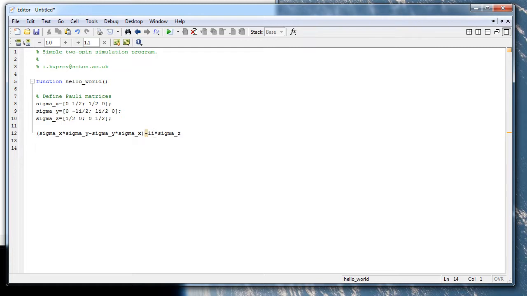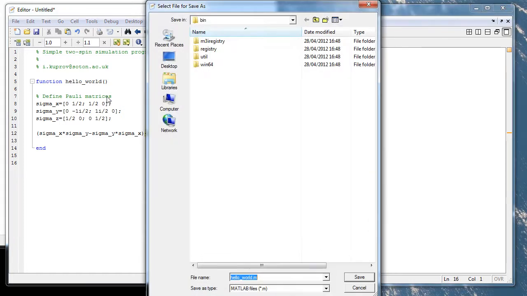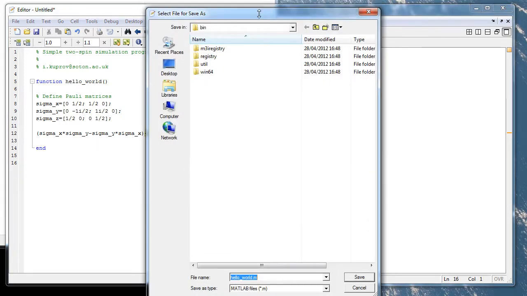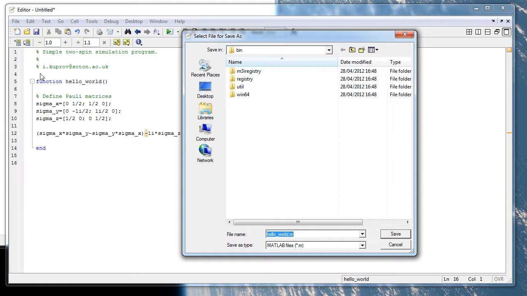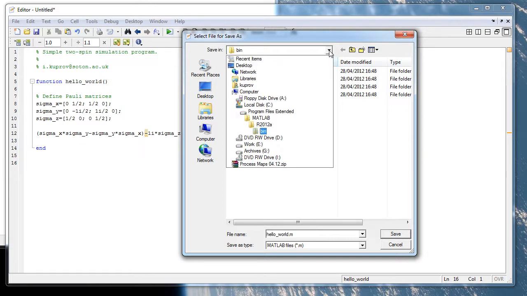Okay, so before I run this function, I'll just put an end at the end of it. And so what happens now is MATLAB defines our Pauli matrices and then computes the difference between the commutator and what it's supposed to be equal to.